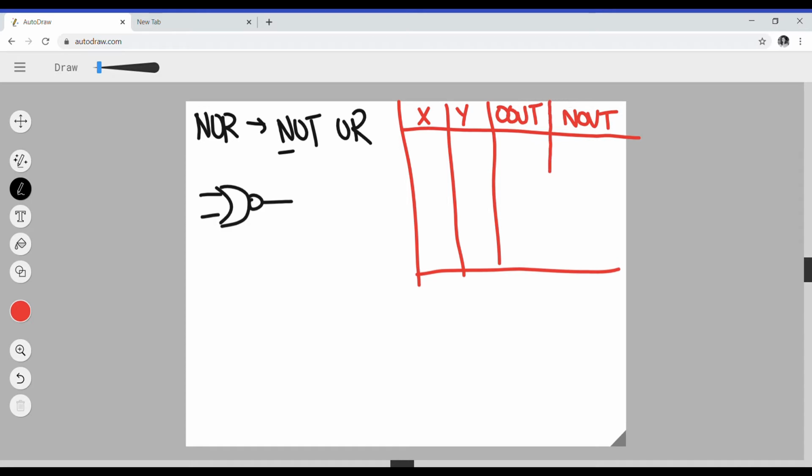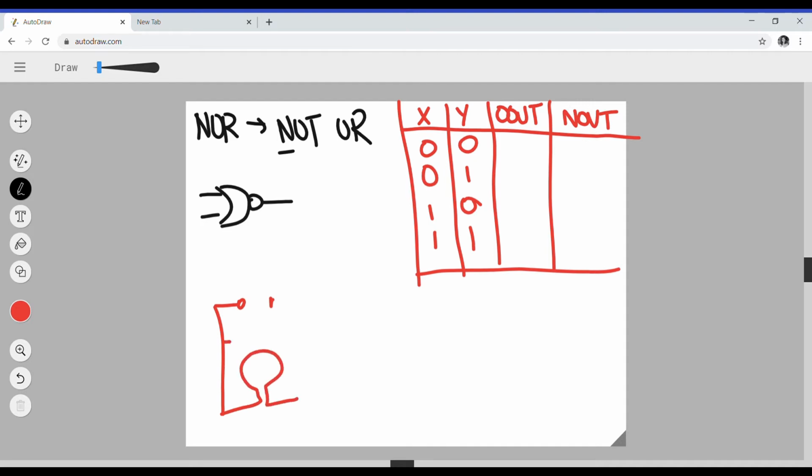With 2 inputs, you'll have 4 different variations. In the first video, I used the example of a parallel circuit. The parallel circuit, once again, will look like this.